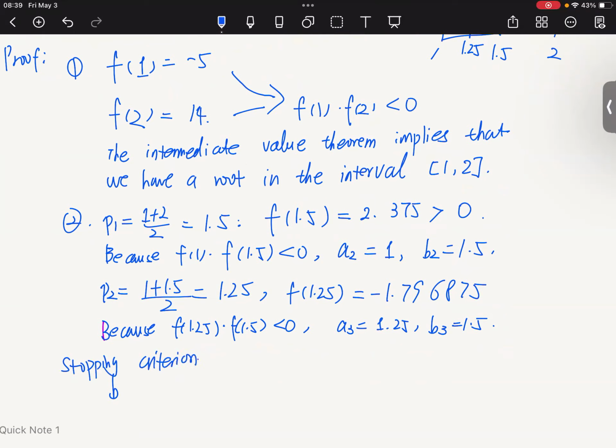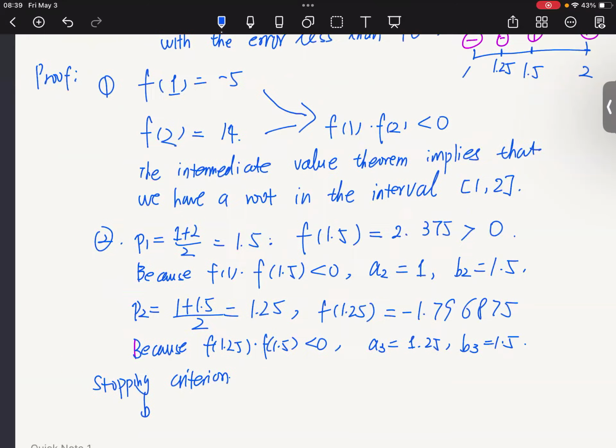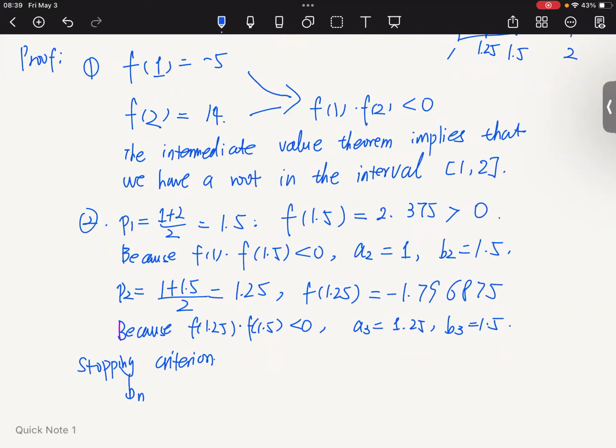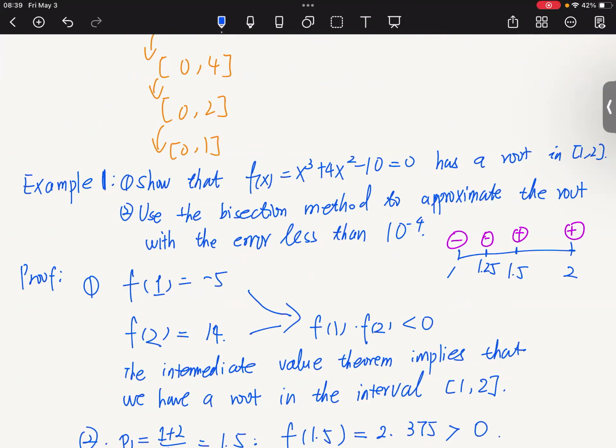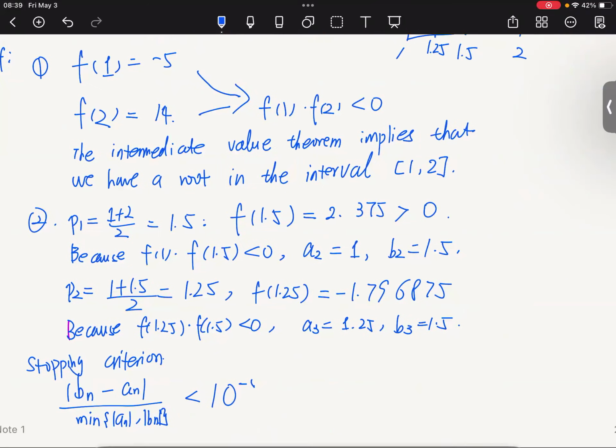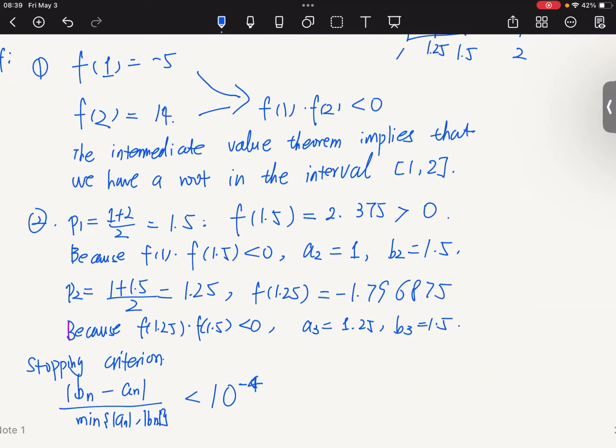This is Bn minus An, divided by An, or the minimum of An and Bn. And when it is smaller than the tolerance number, which is 10⁻⁴, we can stop there.